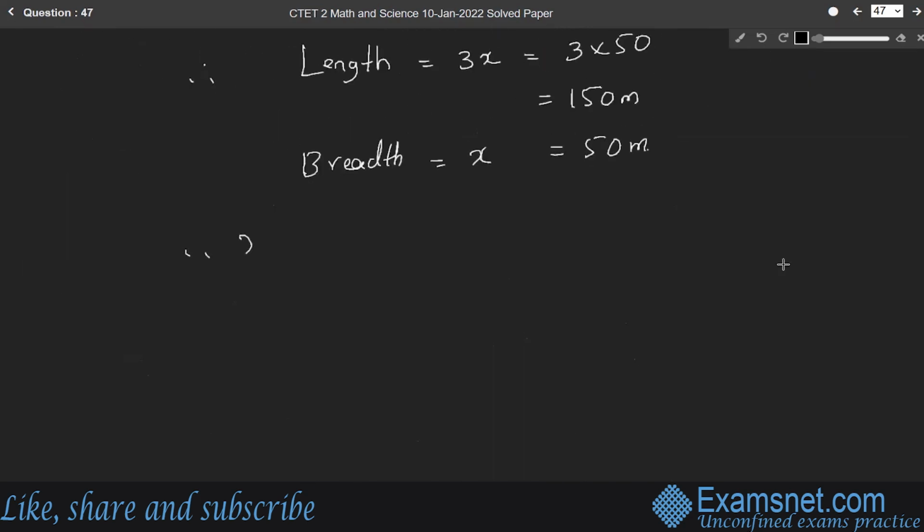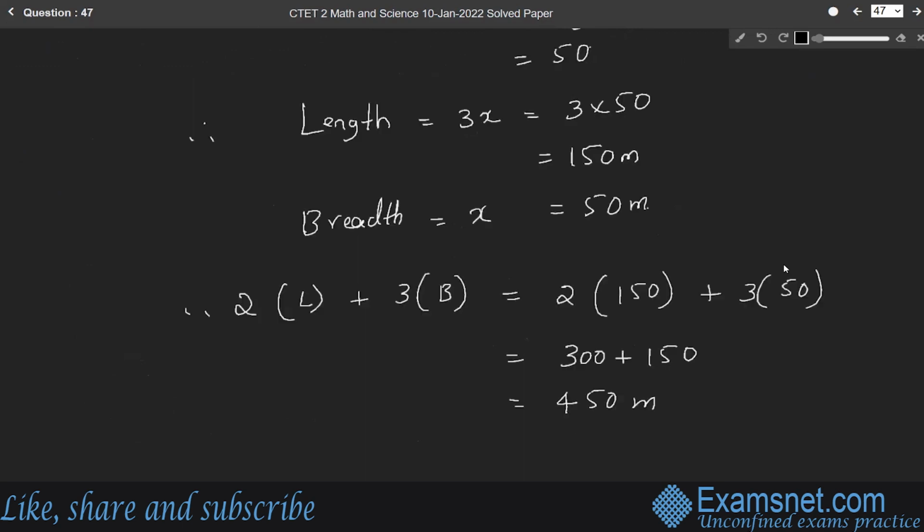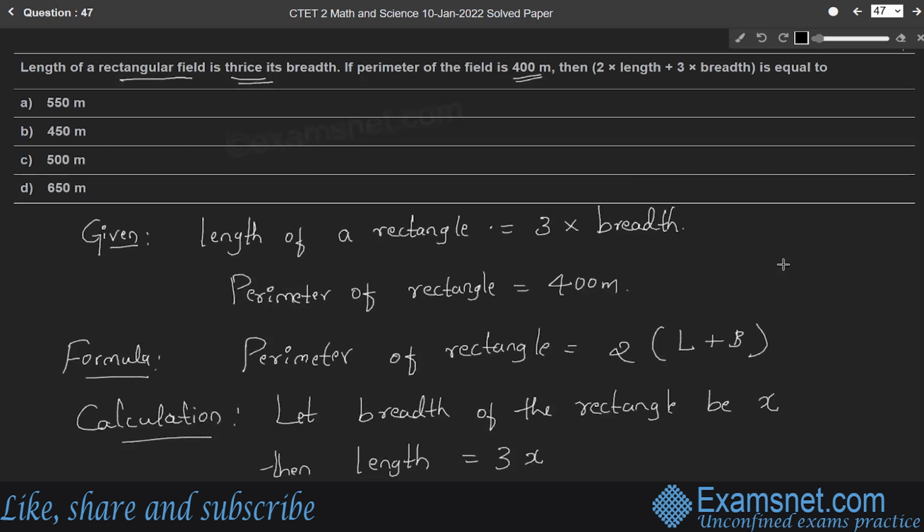Therefore, 2 times length plus 3 times breadth is equal to 2 times 150 plus 3 times 50, which is 300 plus 150, 450 meter. Therefore, the correct answer is option B.